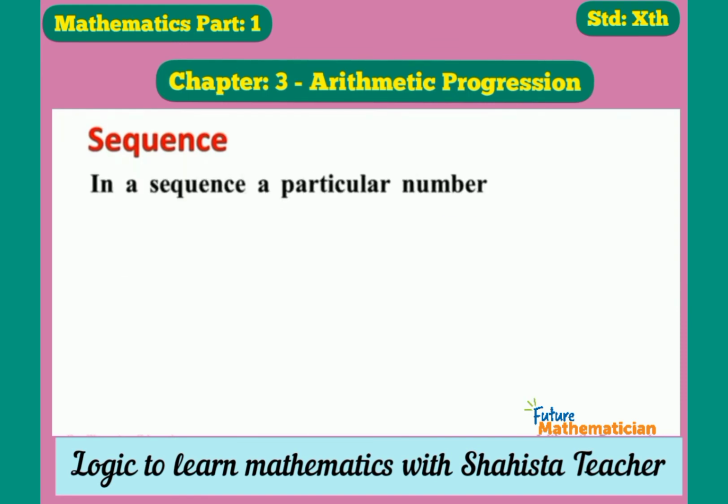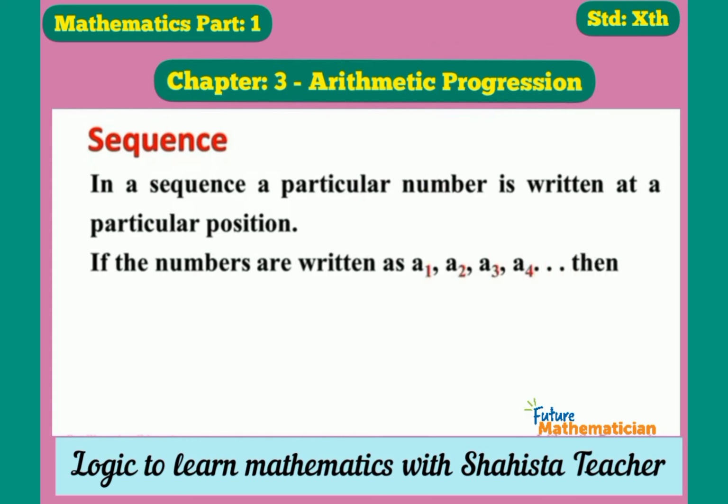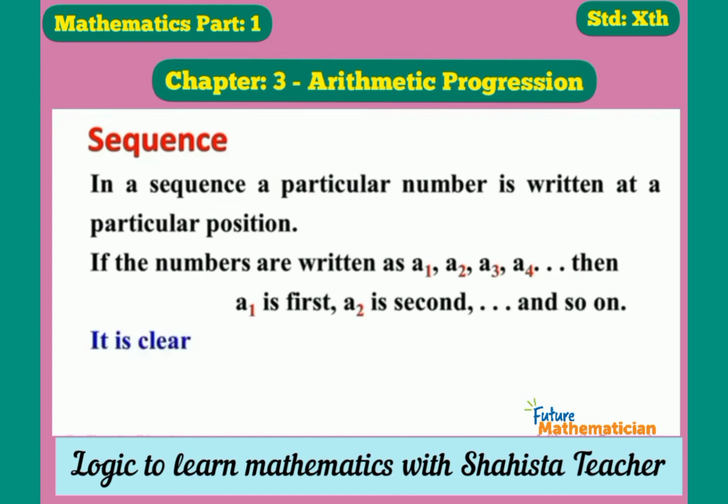So in a sequence, a particular number is written at a particular position. If the numbers are written as A1, A2, A3, A4 and so on, then A1 is the first, A2 is the second, in the same pattern, and so on.